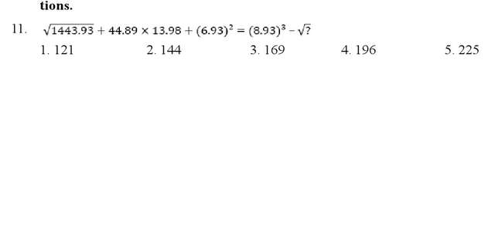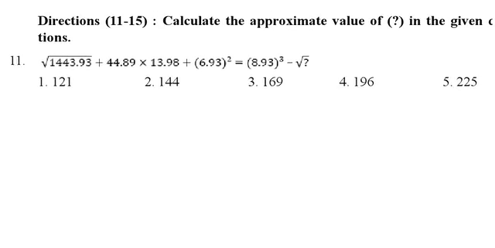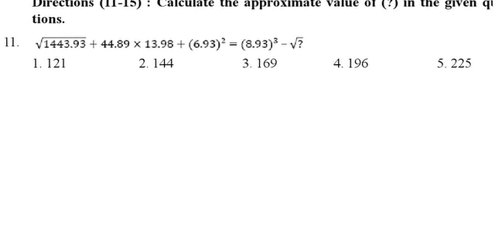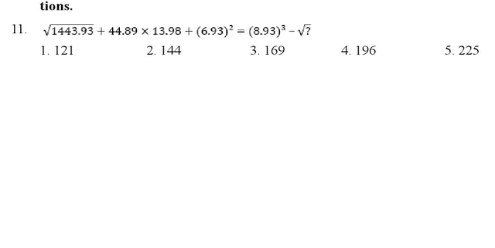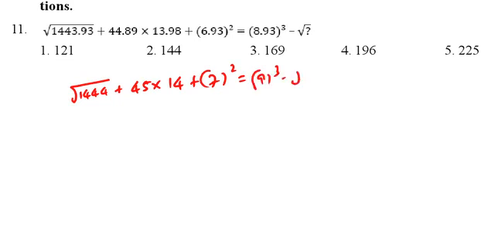Root of, this is approximate. Calculate the approximate value. Now see, root of 1444 plus 45 into 14 plus 7 square is equal to 9 cube minus root x. Now see here.